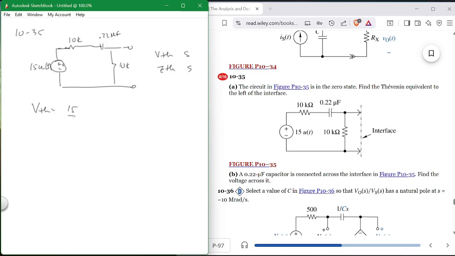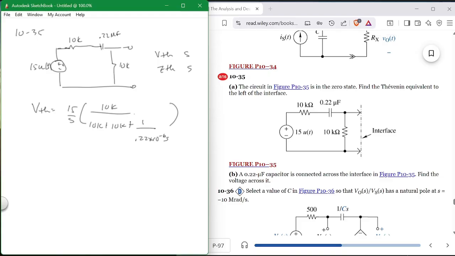It's 15 over S times what? 10K over 10K plus 10K plus what? Over 0.22 times 10 to the minus 6th S. Which is what?